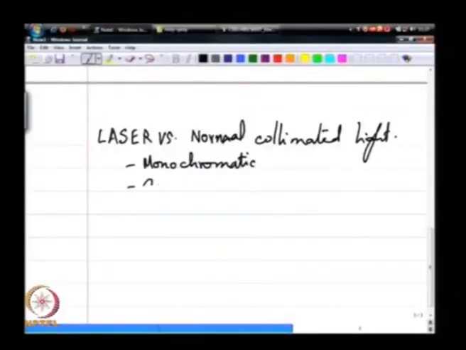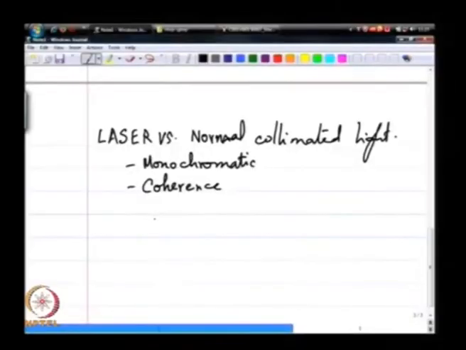So, you can essentially have a monochromatic light source, but the biggest difference between a laser and a normal light source is this idea of coherence: the fact that all the light being produced by the laser, all the photons, are in phase.